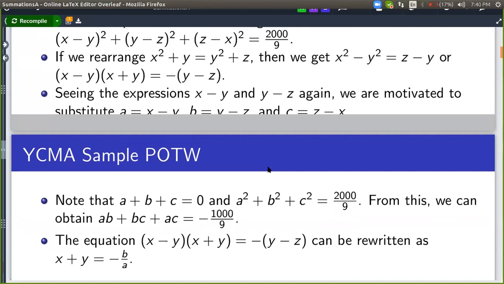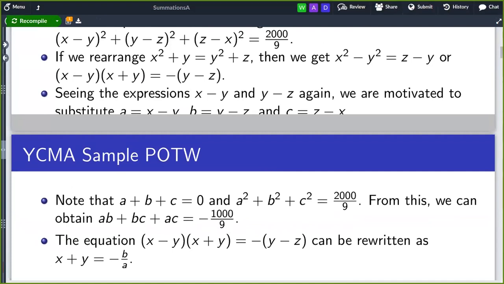Does anyone have any ideas for what to do from here? Because we have x plus y, but we can't immediately write it in terms of a, b, and c right now. If you have an idea, put it in the chat.